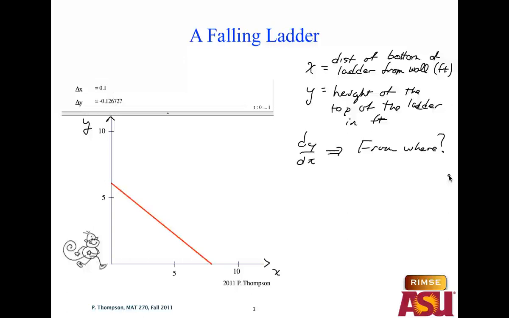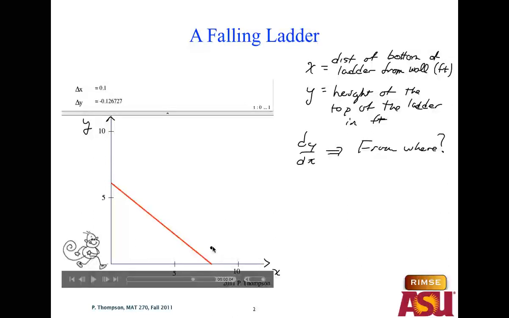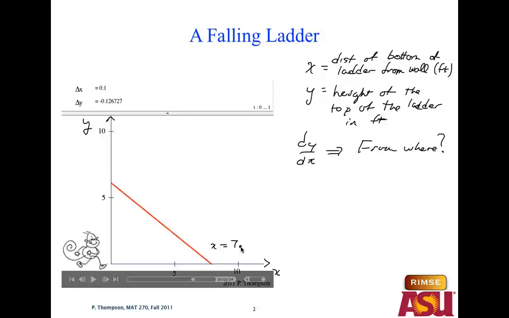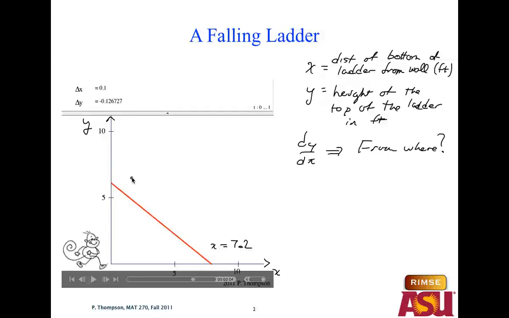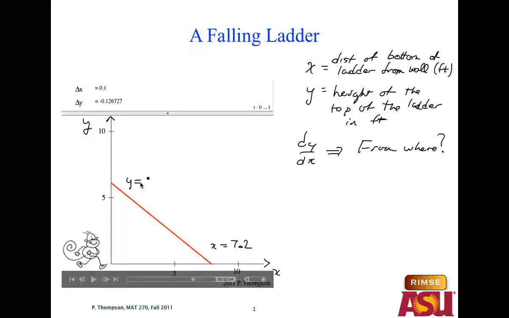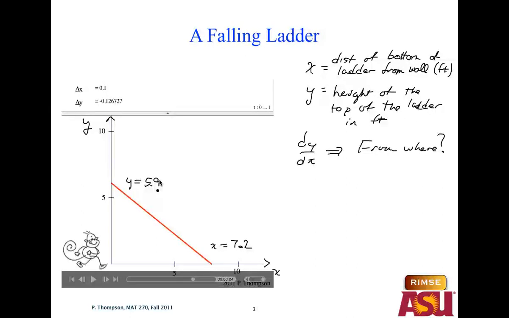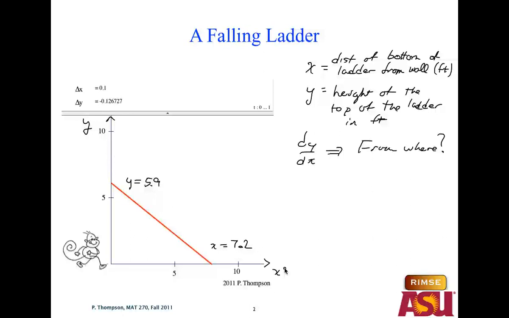So if we have x equals, I'm just going to guess, 7.2 and y equals 5.9, you use the point slope formula. Then we can find the rate of change of y with respect to x. What do you think?